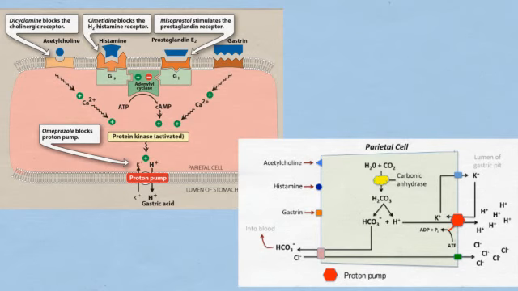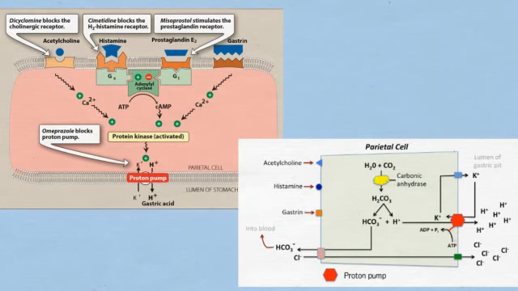The bicarbonate enters into the blood, while the proton will leave or be secreted from the parietal cells with the help of a pump known as the proton pump. This proton is secreted into the lumen to be a part of the gastric acid in the lumen.